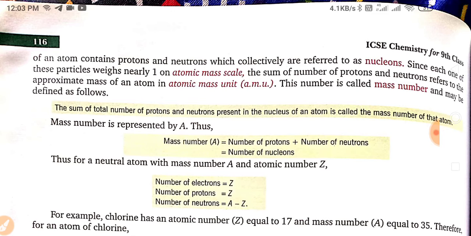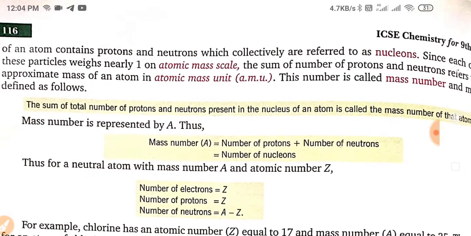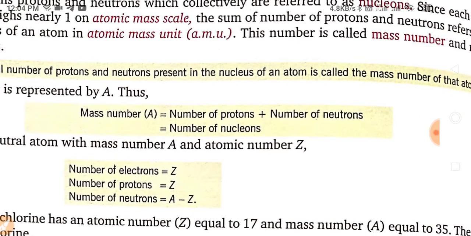This number is called the mass number, and may be defined as the sum of the total number of protons and neutrons present in the nucleus of an atom. Mass number is represented by capital A. Thus, mass number is equal to the number of protons plus the number of neutrons, together known as the number of nucleons.